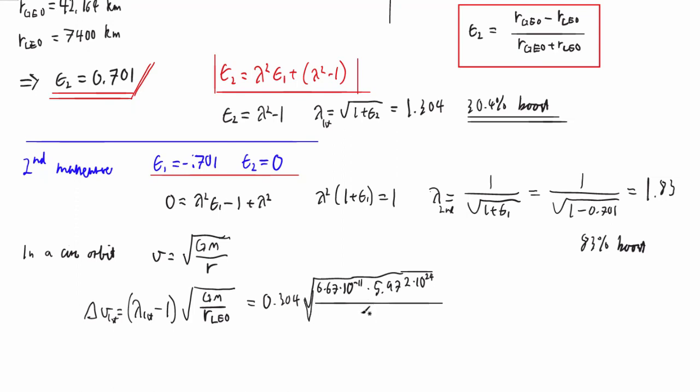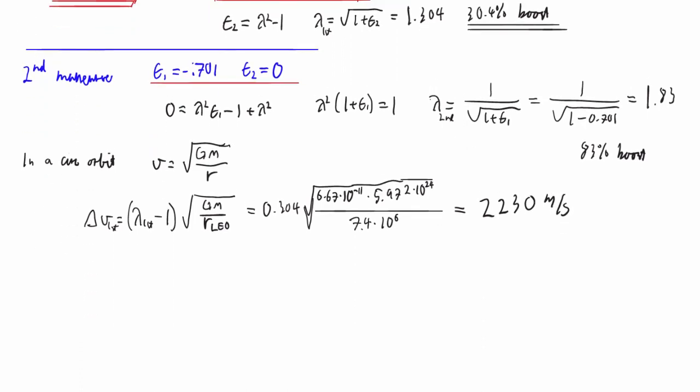Divide that by the radius of low Earth orbit, 7.4 times 10 to the 6 meters. That's what we got here, right? 7,400 kilometers. And if my calculations are correct, then that equals 2,230 meters per second.